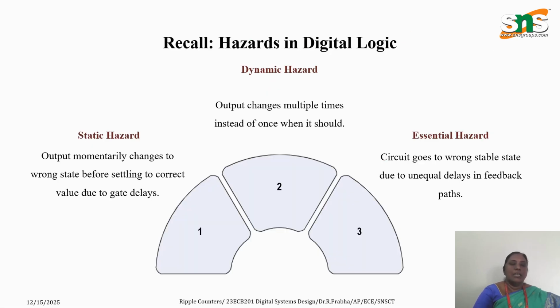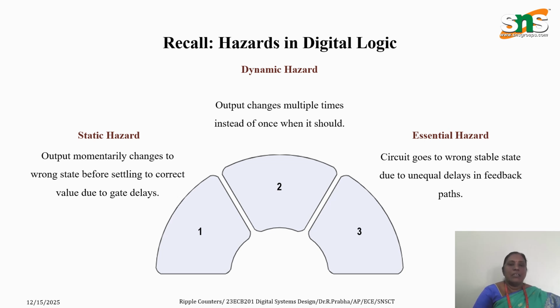So the recap of the previous topic, hazard. We know that hazard is the unwanted glitches due to unequal signal paths which makes propagation delays unequal. And here there are three different types of hazards: static hazard, dynamic hazard and essential hazard.